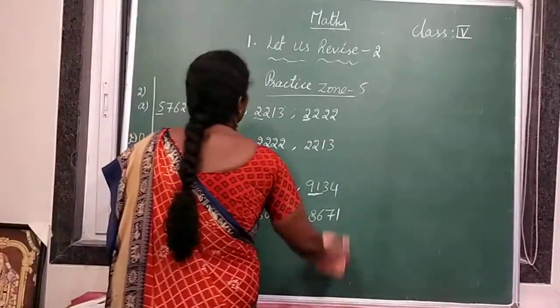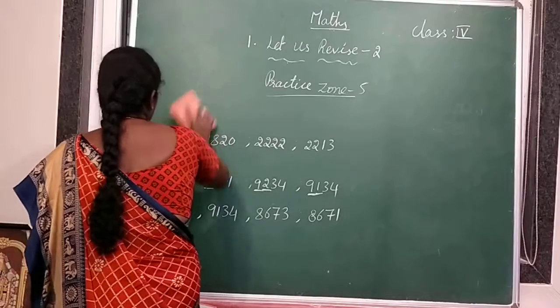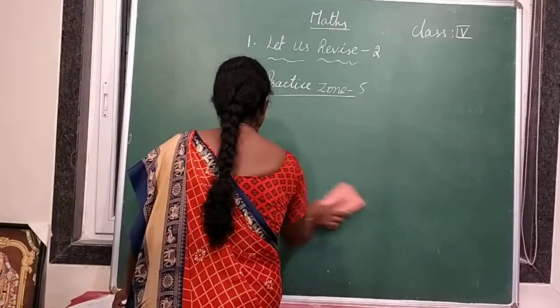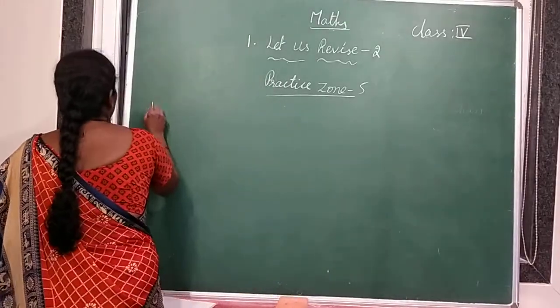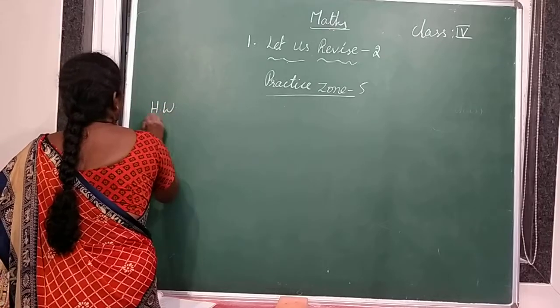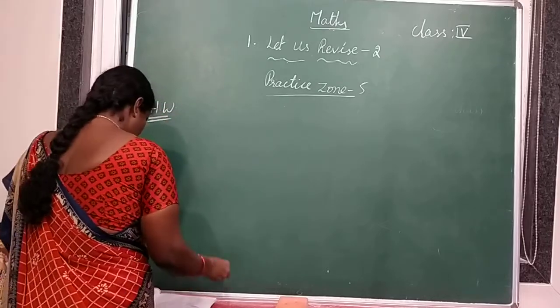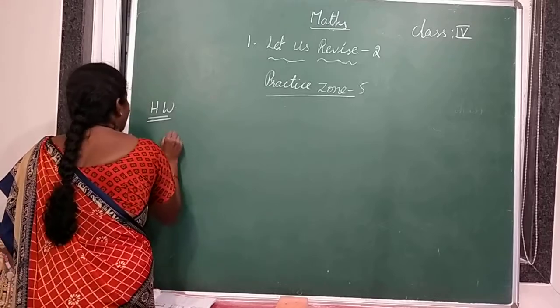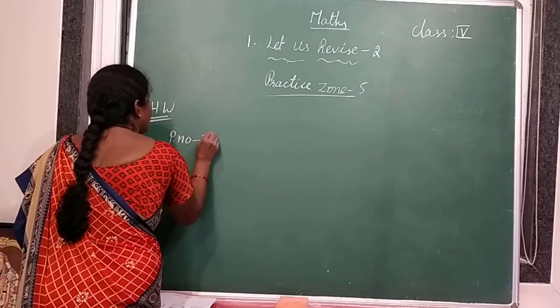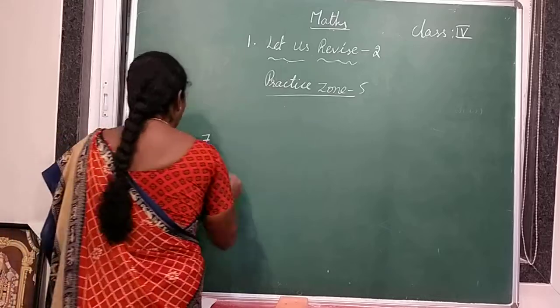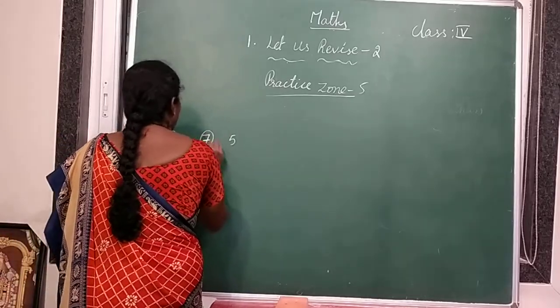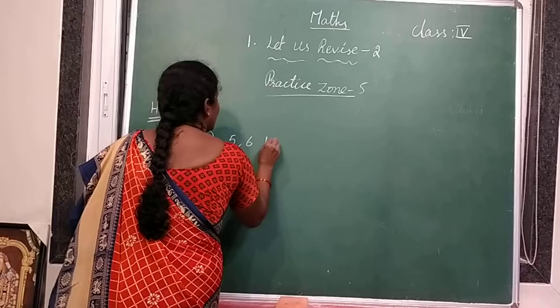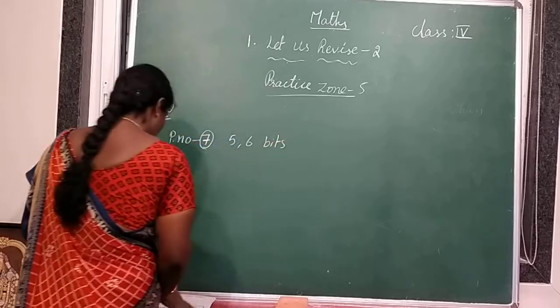Understood? So today's homework is page number 7, 5th bit and 6th bit.